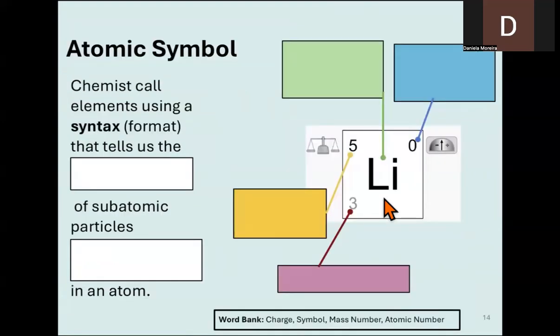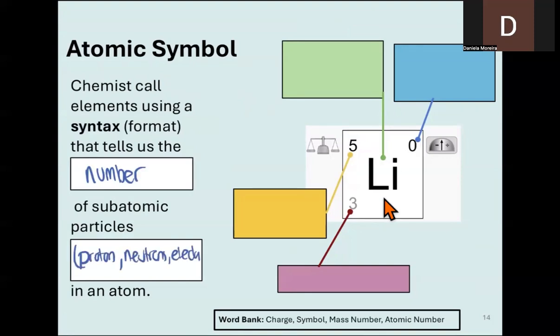Another way we can summarize this, besides the illustrations you saw previously, is using this thing called an atomic symbol. So chemists name elements using a syntax, and this is just a format we've all agreed upon. This is the way we talk about the subatomic particles. So it tells us the number of subatomic particles present: protons, neutrons, electrons.